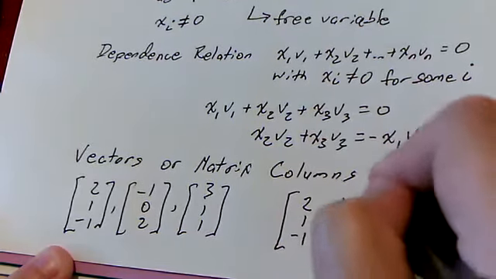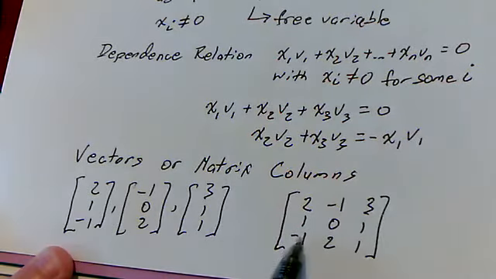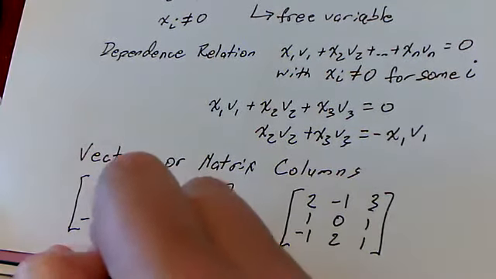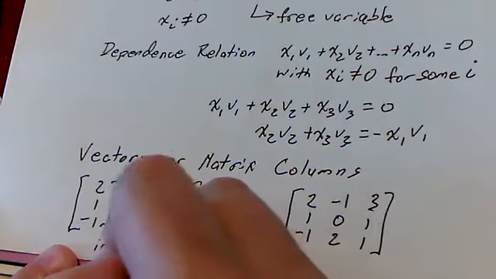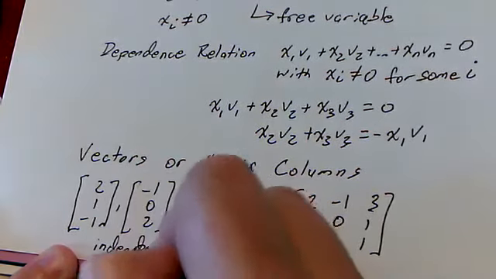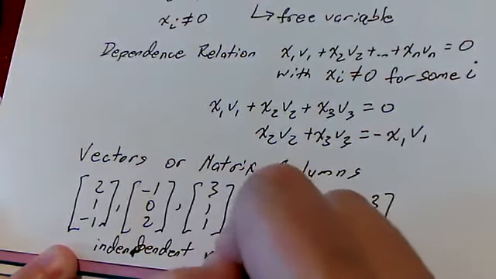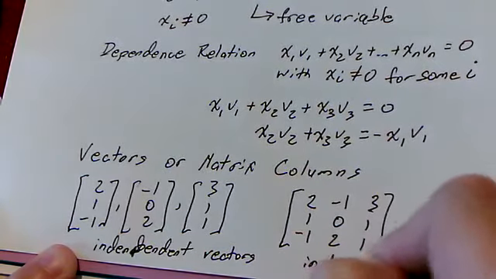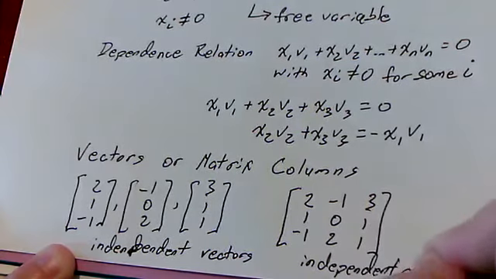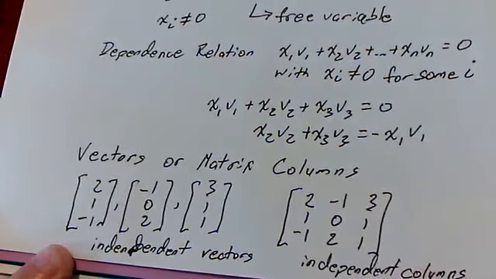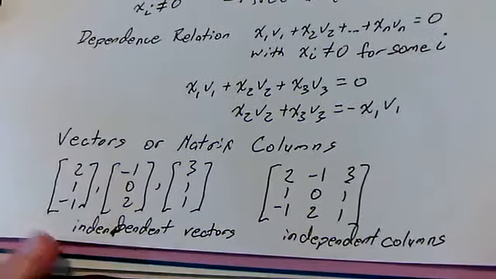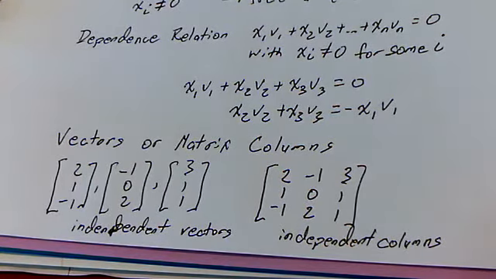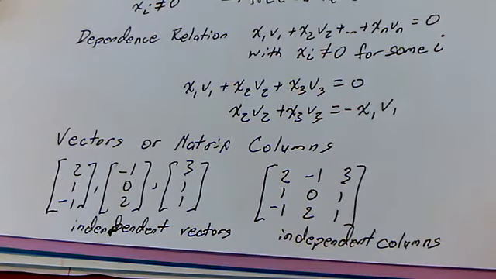And if I write that as a matrix, then we would say the columns of A are linearly independent. So these are either independent vectors or independent columns. And as we've seen throughout chapter 1 so far, we can use the vector notation and the matrix notation interchangeably and talk about basically all of the same things.